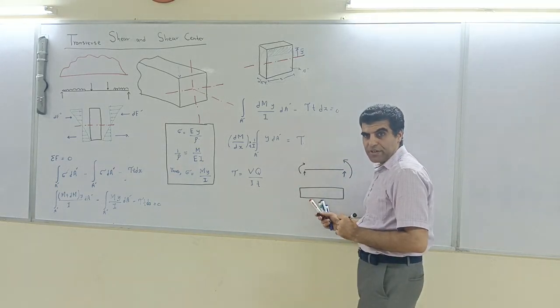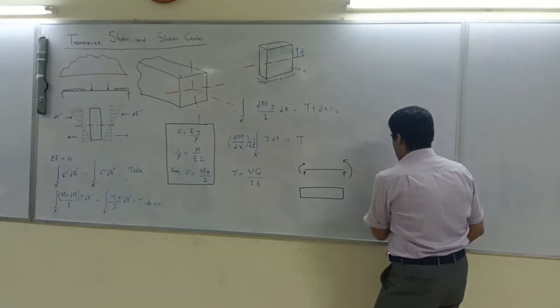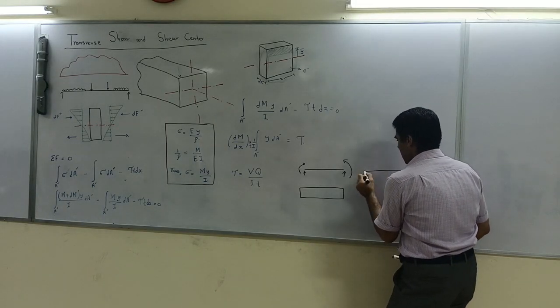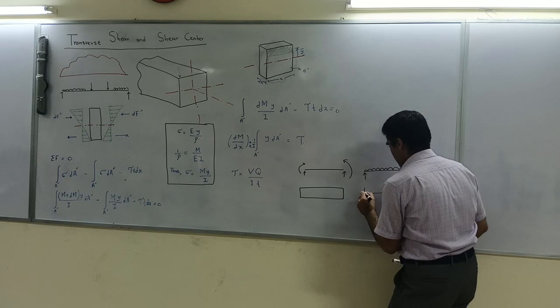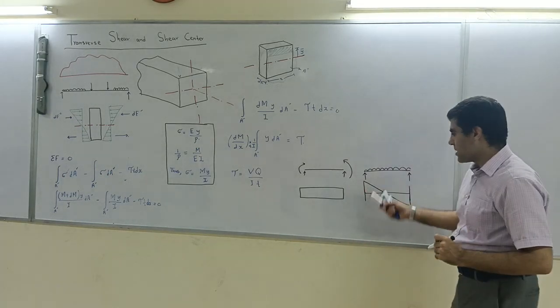There is no variation. Okay, but under any other load condition, like under UDLs, what will happen? My bending moment diagram is like this. So this is a variation.